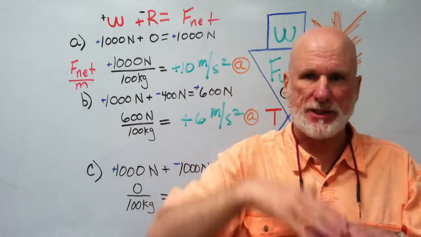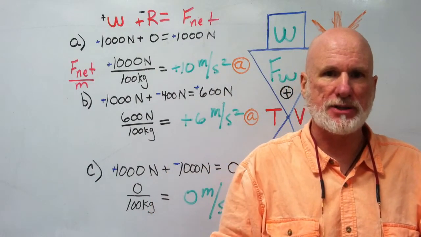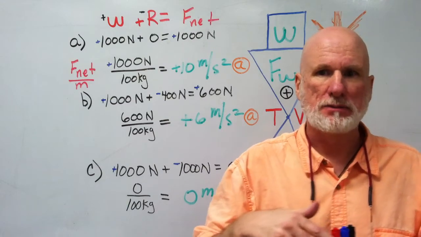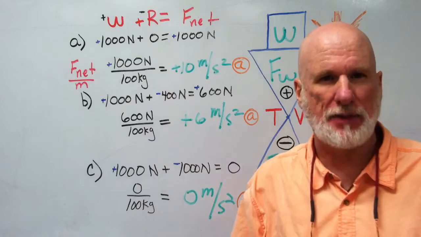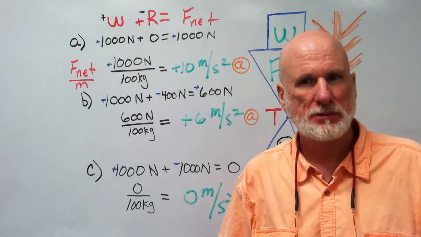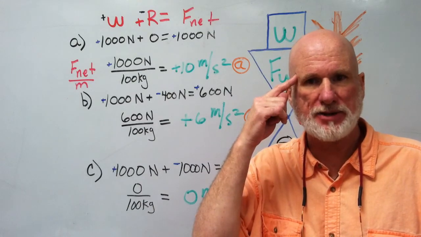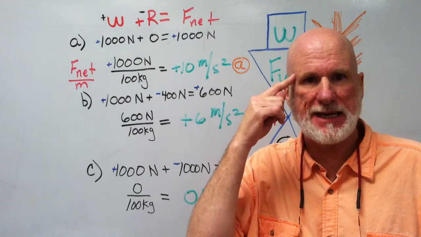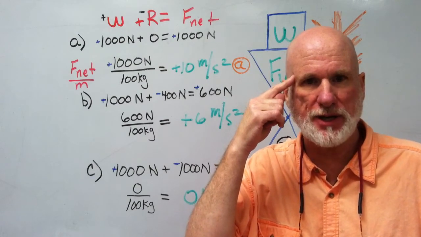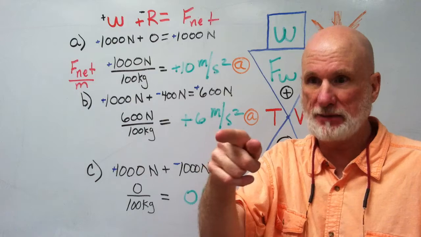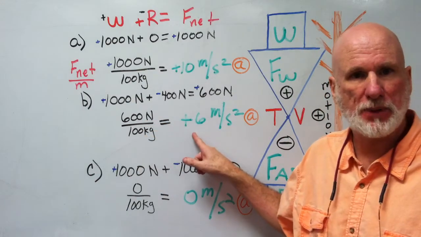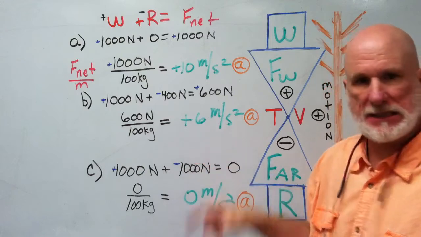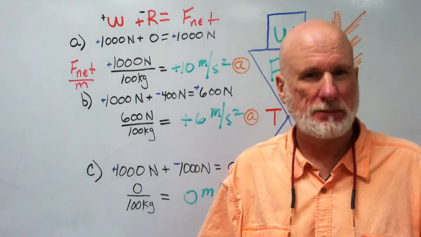Hits some air resistance. We're going to call that resistance R, and it's going to be 400 newtons. Now the net force is 1,000 plus a negative 400, positive 600, okay? So now we have plus 6 meters per second squared.